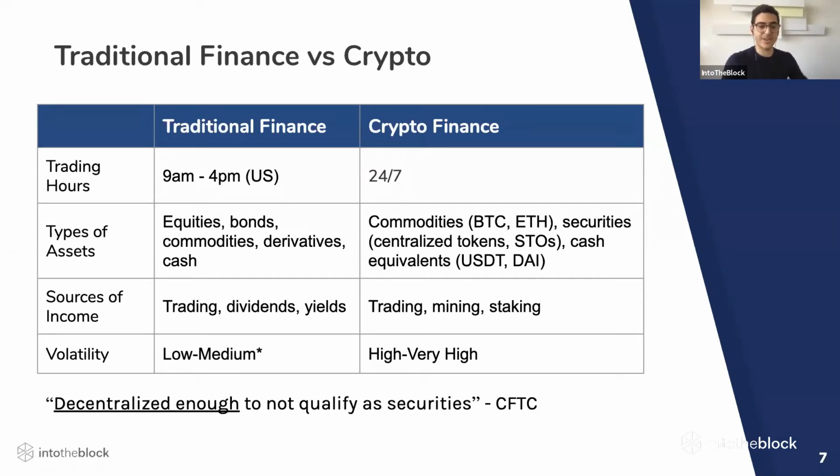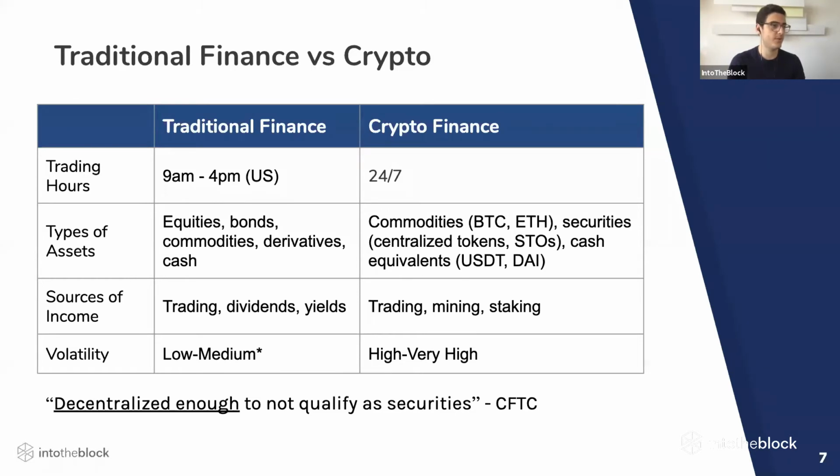As you know, it's been an area of criticism, how you really define them. But as of the latest research, BTC and ETH, Bitcoin and Ethereum, have been qualified as commodities since they're decentralized enough to not qualify as securities. Essentially, there's also securities in the crypto space.